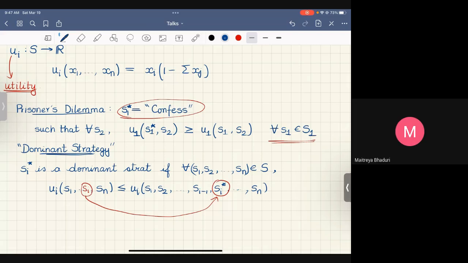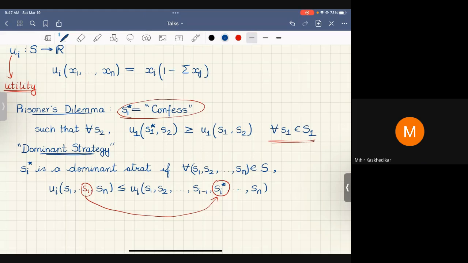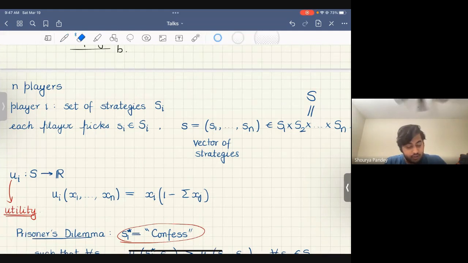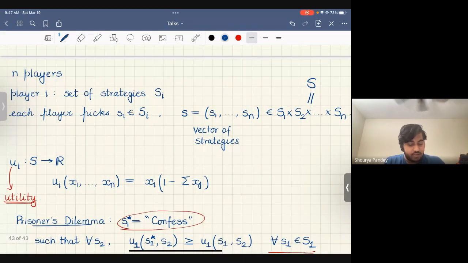Yes. What is xi in the definition of utility function? Oh, I was actually referring to the second example in the tragedy of the commons. It's just some utility function, right?